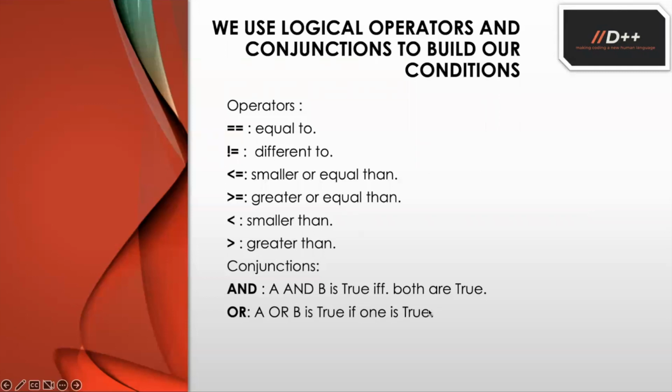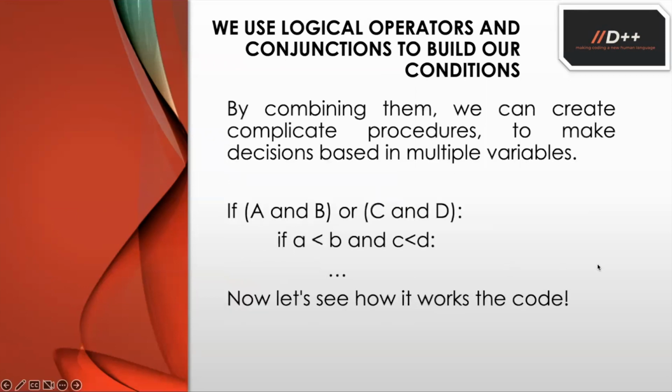And sometimes I'm just going to be checking for one condition or the other being true. For example, if my friend Daniel is going or my friend Jeff is going, then I will go anyway because I will have someone to come with me. By combining these operations and conjunctions, we can do a lot of complicated stuff.